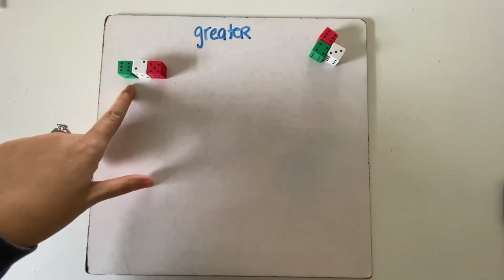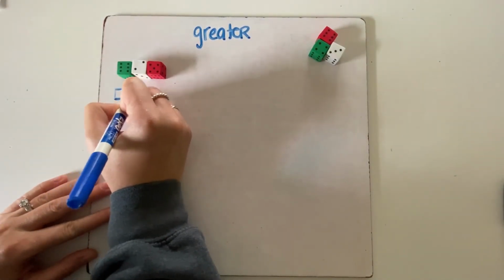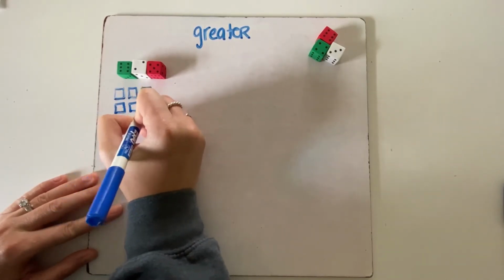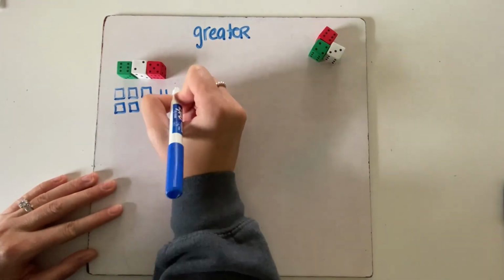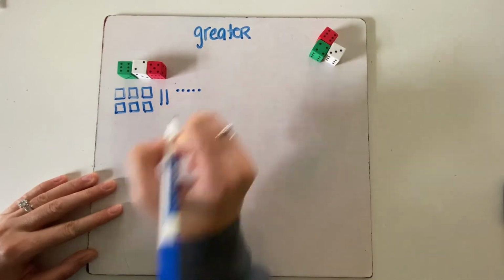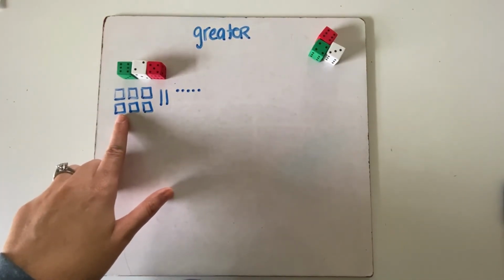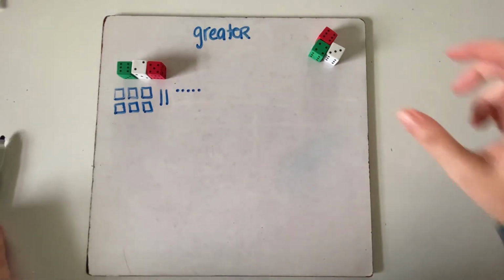So we know that we have 6 hundreds, so we'll use squares to represent our 100 flats. We'll use lines to represent our 10 rods, and we'll just use dots to represent our ones place. So in this case, we have created the number 625.